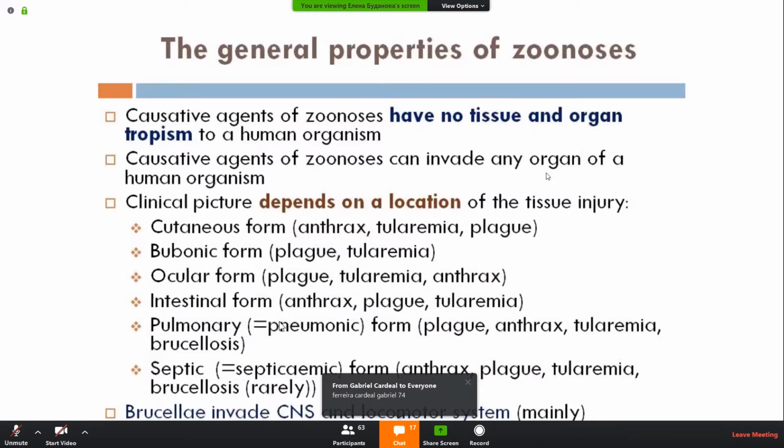Unlike anthrax, plague, and tularemia mentioned above, Brucella usually invades the central nervous system and locomotor system. So they do not kill patients, but they make them disabled. And we'll talk about Brucella also today.